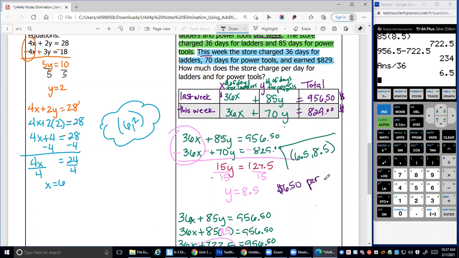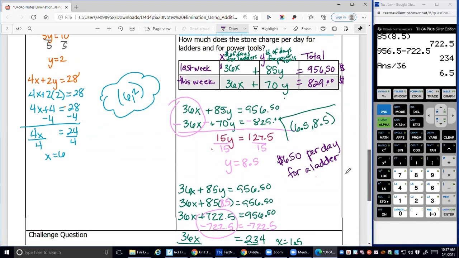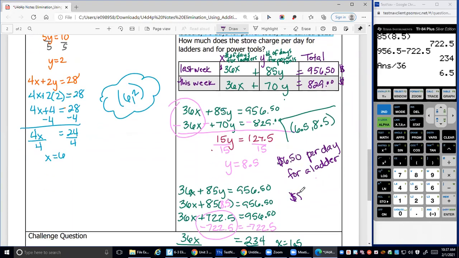Would y'all agree with that? And we also know that it's $8.50 per day for a, we're going to pretend that says per. Man, today is like Mistake Monday. It's okay. We learn from mistakes. Not ladders, so I jinxed myself, power tools.